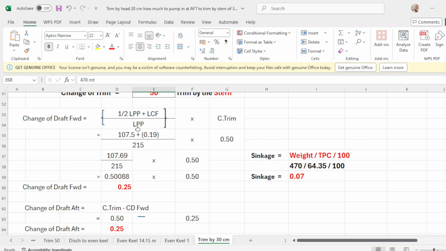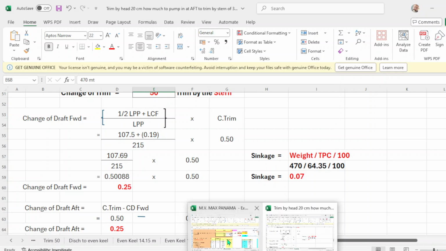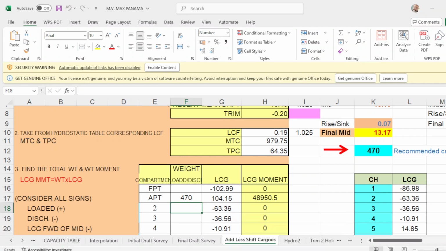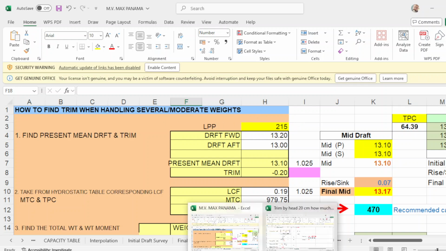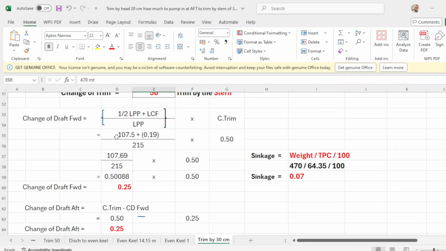So what is your LPP? LPP is 215, length between perpendiculars. And 1/2 of your LPP is 107.5.